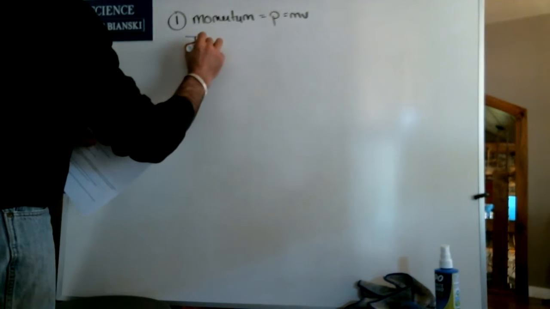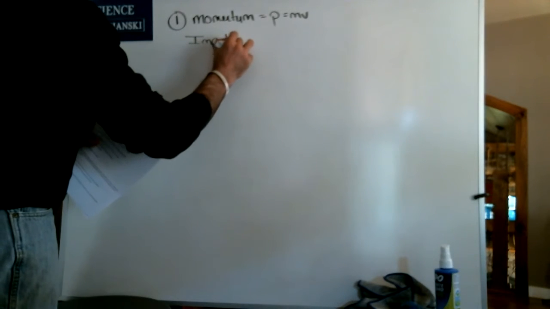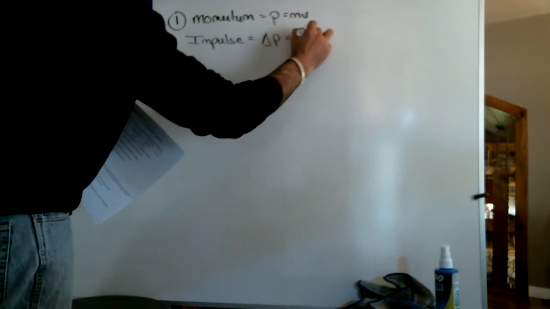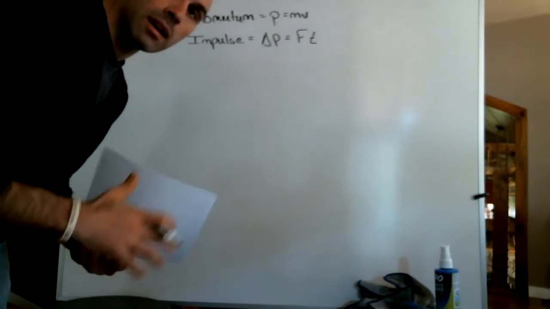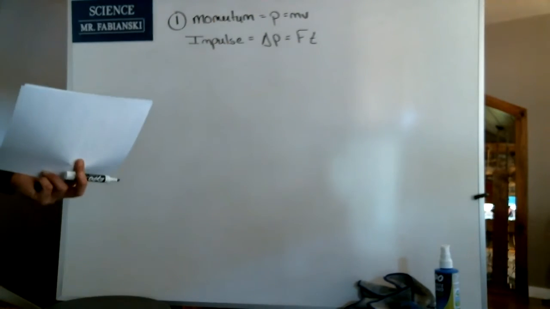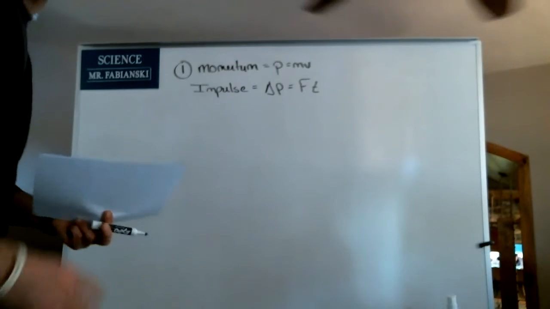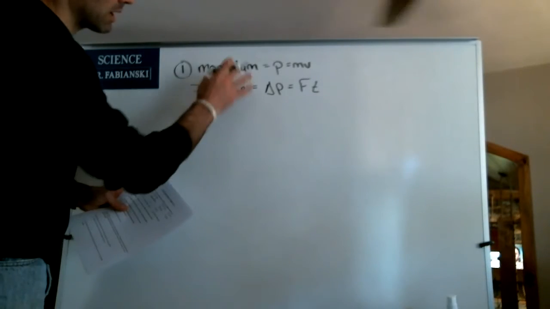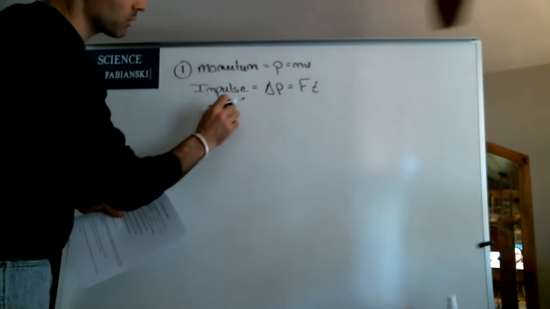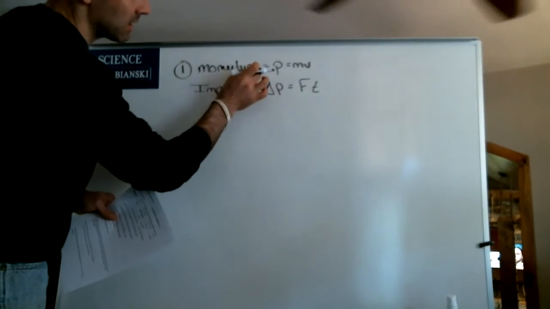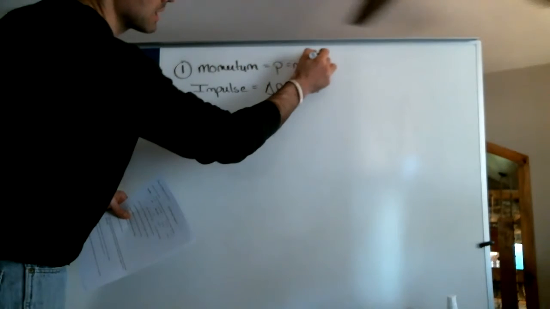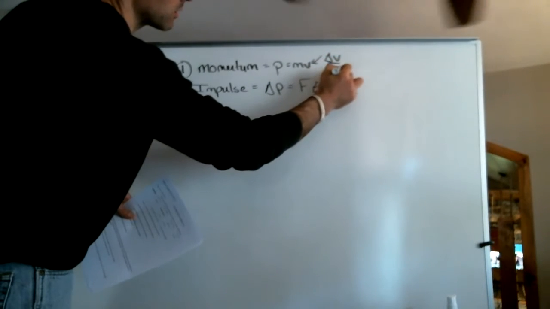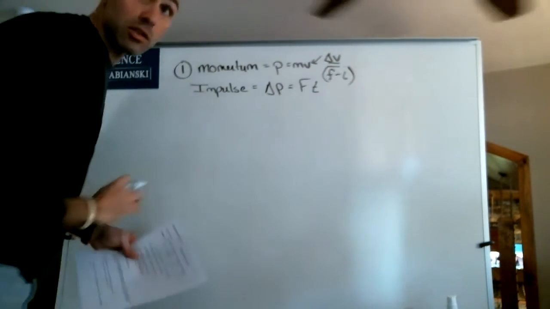Impulse is the change in momentum, but it's also the force of an object multiplied by the time. So have an understanding of how these are related, how impulse is actually made up of momentum, and specifically, it is the change in velocity, and we know that's final minus initial, okay?